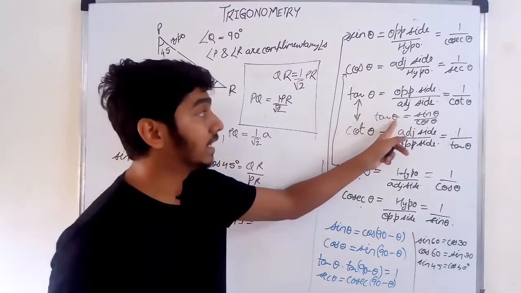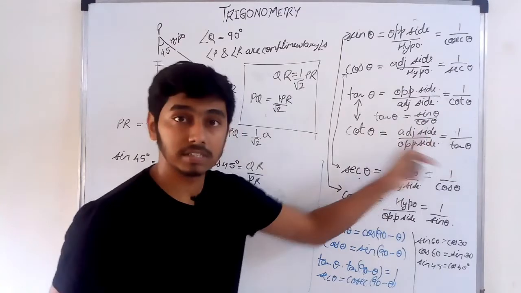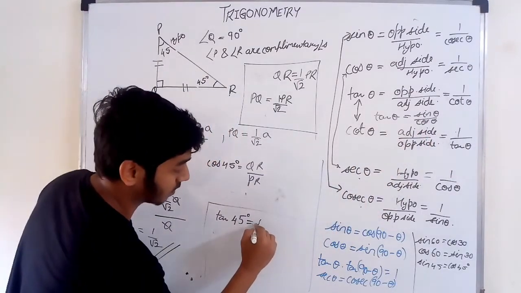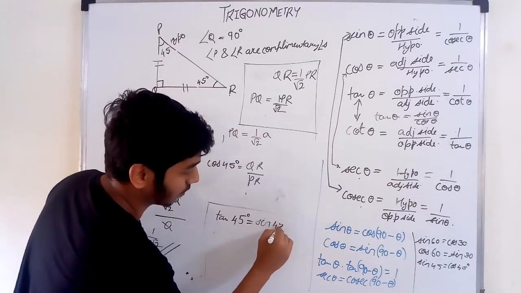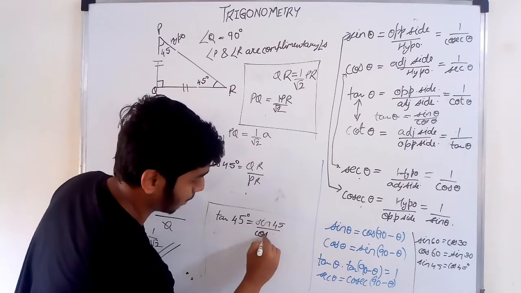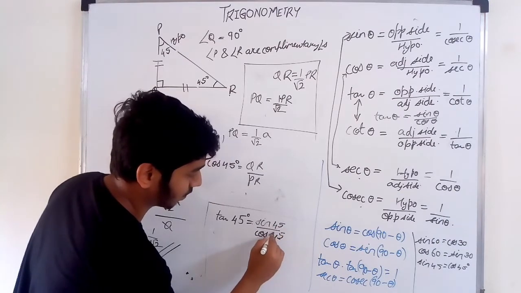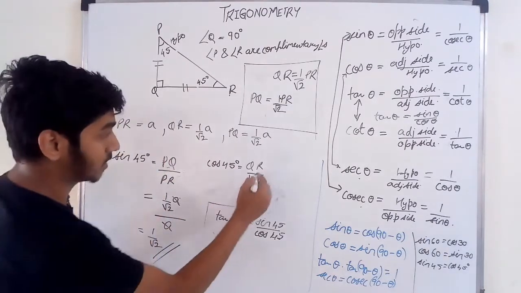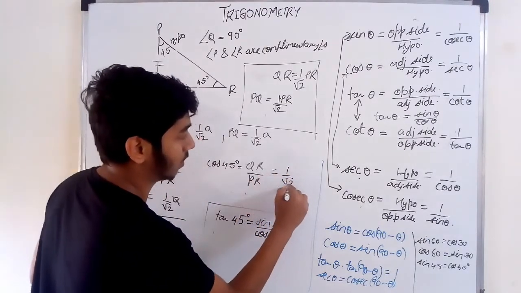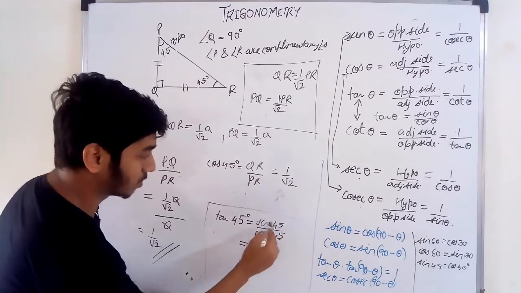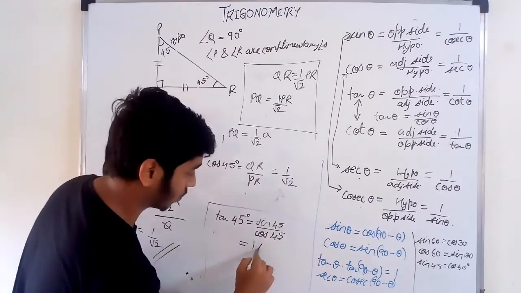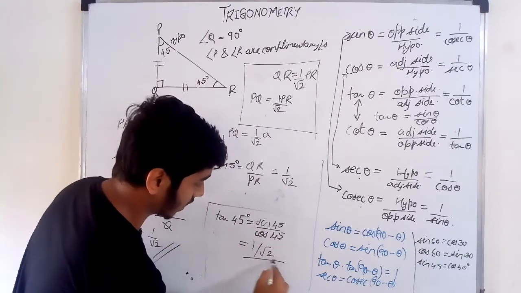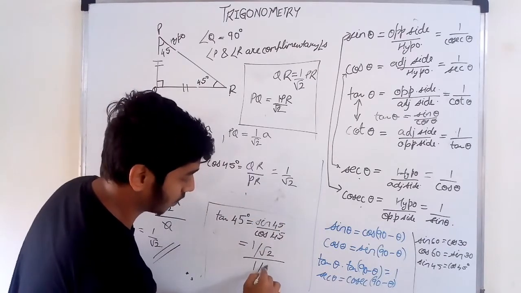Now if tan theta is sine theta upon cos theta, then tan 45 is sine 45 upon cos 45. Yes or no? Therefore, let's substitute sine 45, 1 by root 2. So 1 by root 2 divided by cos 45, which is again 1 by root 2.